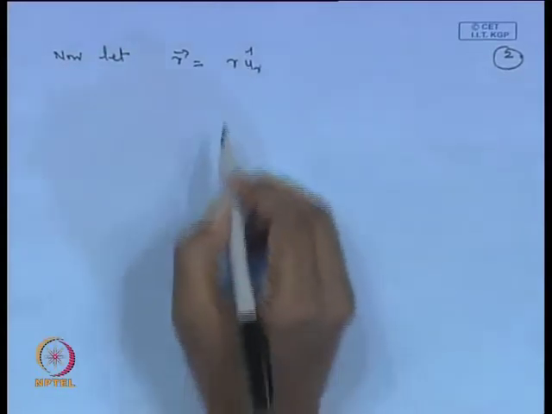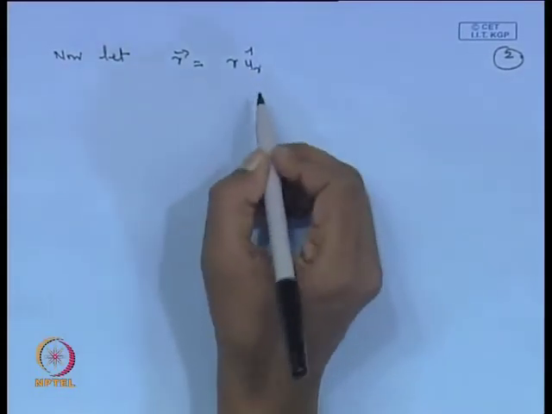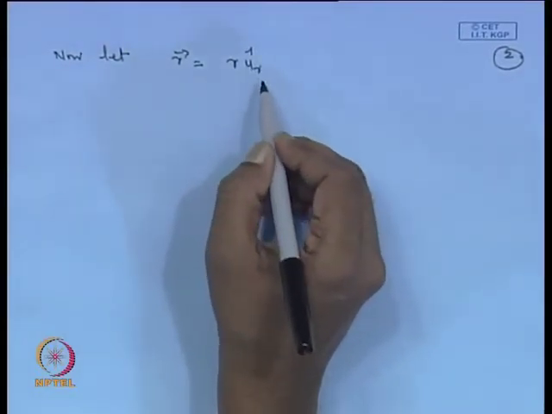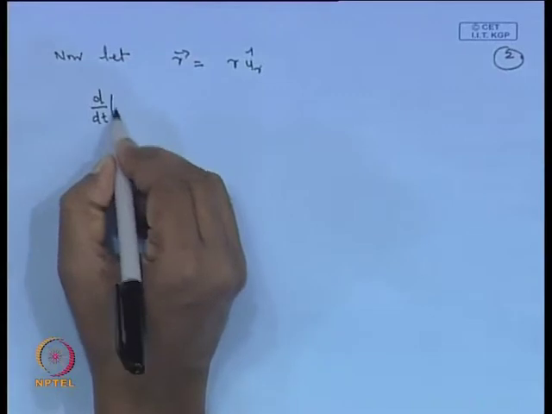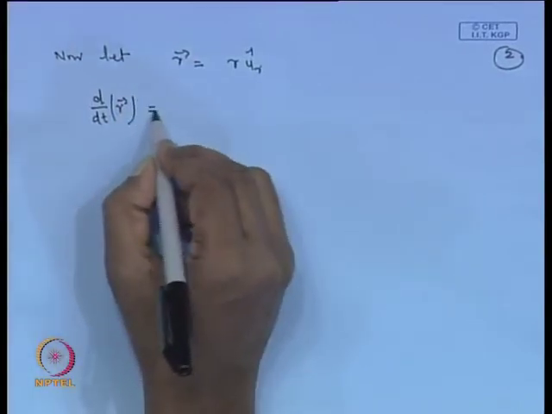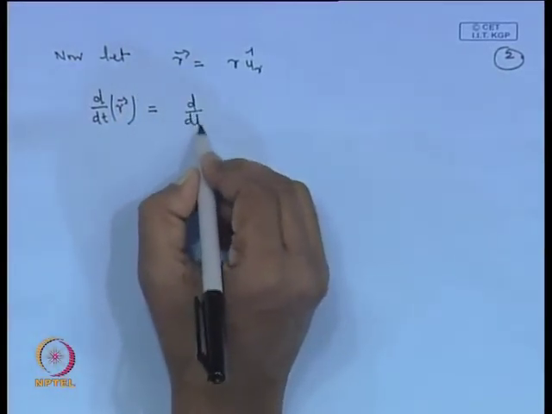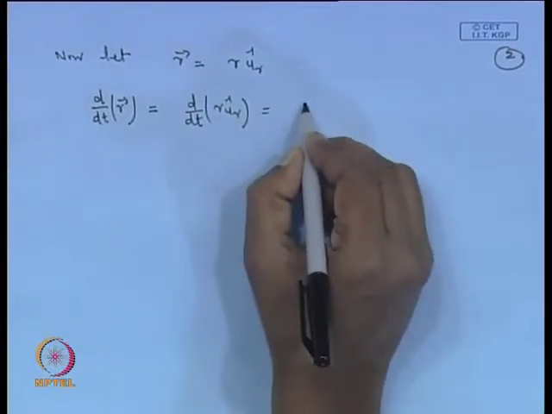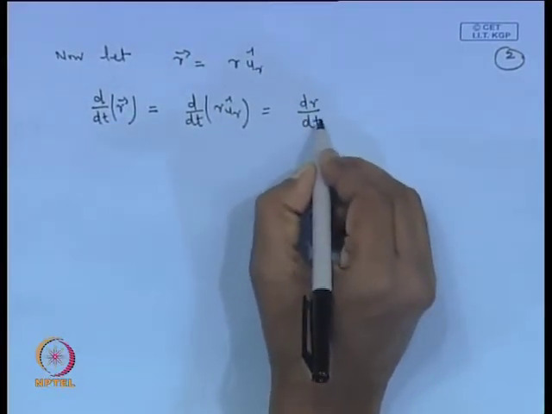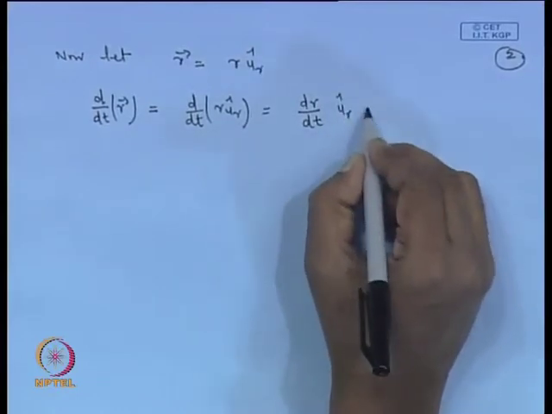So, basically r is here the magnitude of the vector r, and u r is the unit vector in the direction of r. Therefore, dr by dt, we can differentiate it and write it in this way.